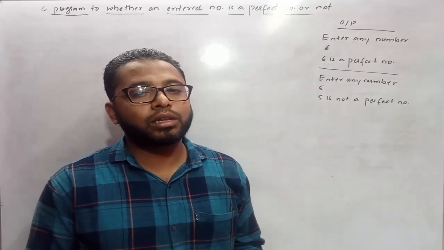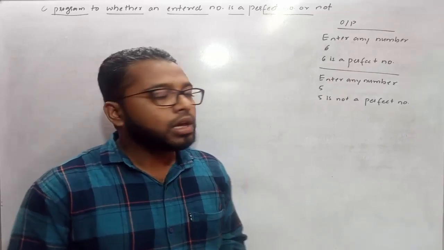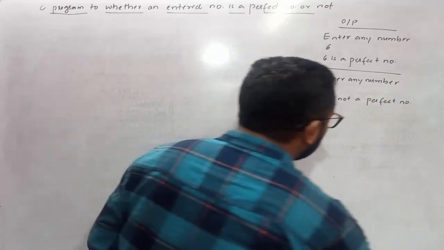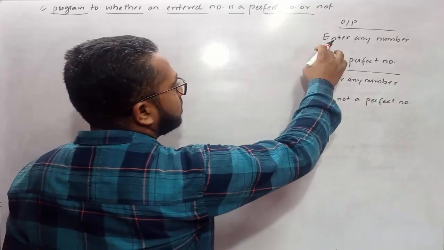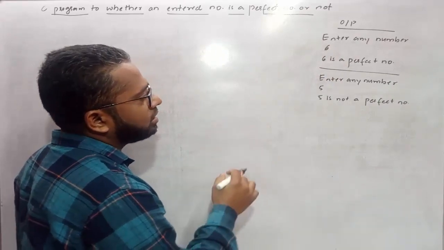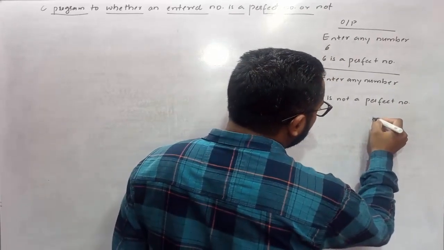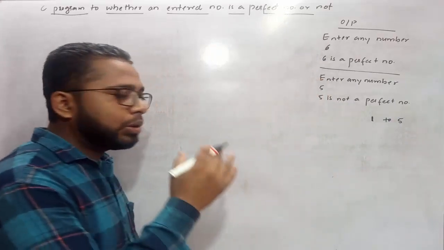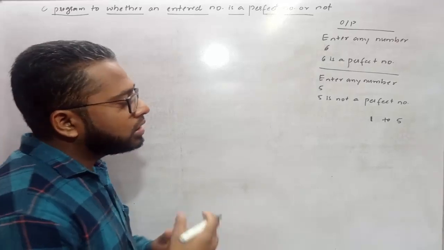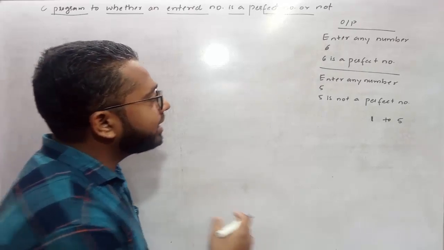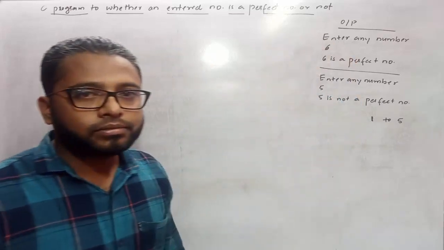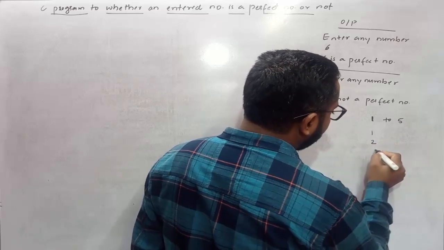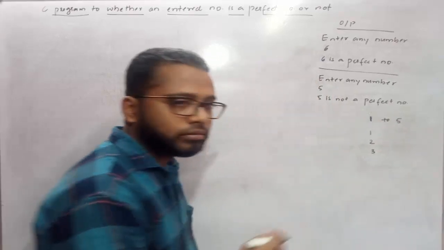So how can we check whether the entered number is a perfect number or not? Let us consider this number 6. I need to check from 1 to 5, what are those numbers which successfully divide the number 6? We have 1, 2, and 3.